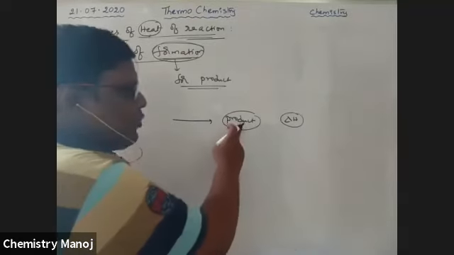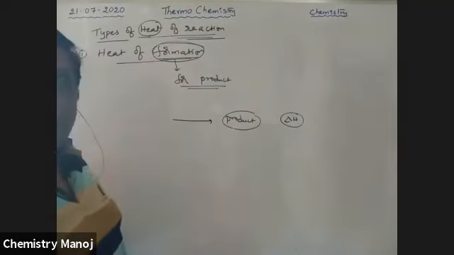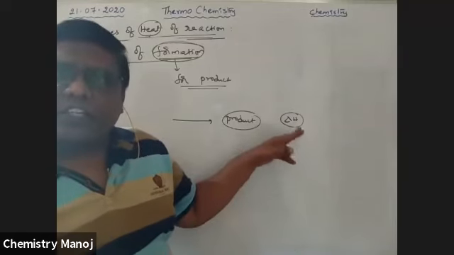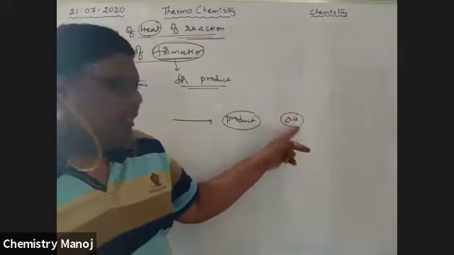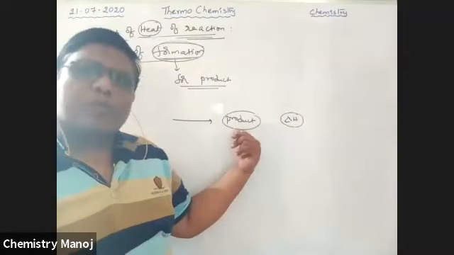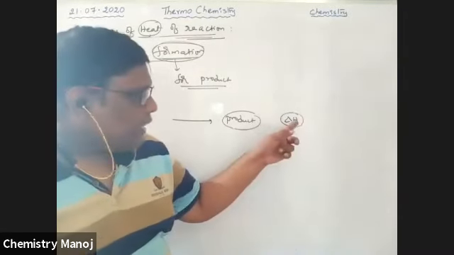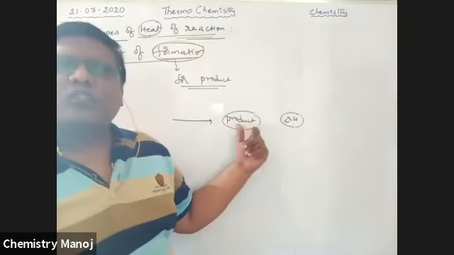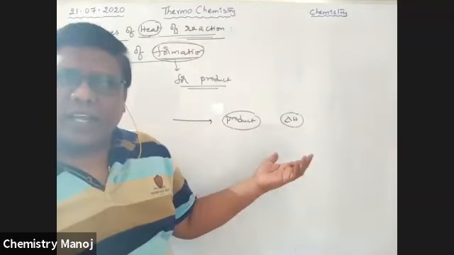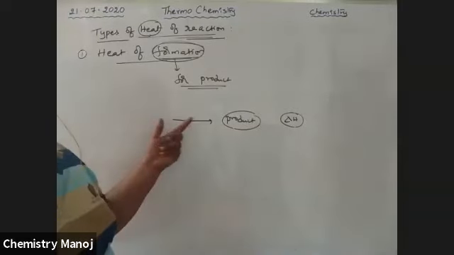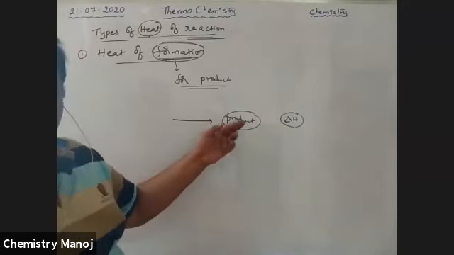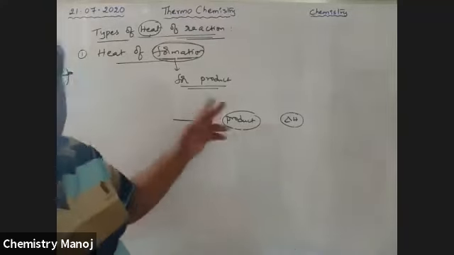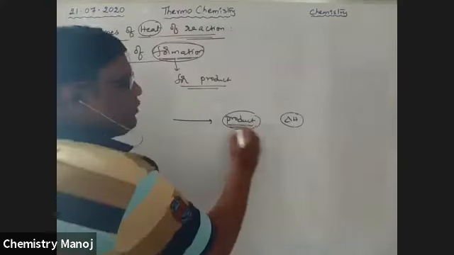That heat change is considered the heat of formation of this product. To complete this reaction it should be balanced, so if your product is there, automatically we take reactants. What are those reactants? Formation is always the product from its elements.